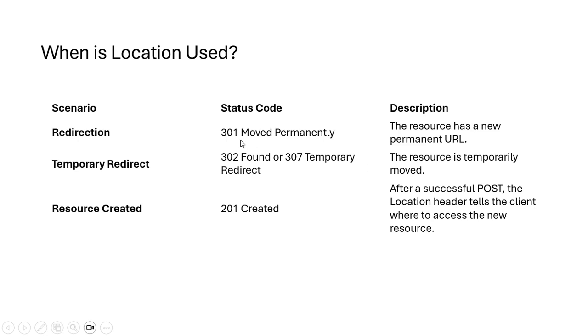Similarly, if it is temporarily moved, it can indicate where the resource has been temporarily moved. When a resource has been created using a POST request, we can get a 201 Created response, and the location can tell the client where to access the new resource.